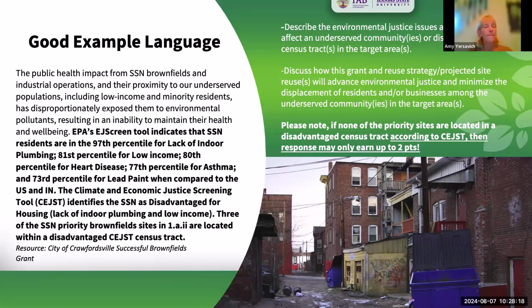And so 3 of the priority brownfield sites are located within a disadvantaged EJ tract. So they're talking about how, for the first request, they actually use the percentiles and talk about where the problems are in their target area, and that their target area is in a disadvantaged tract.